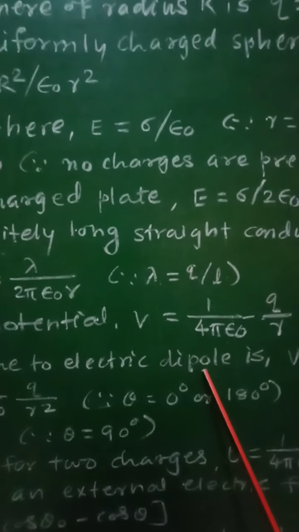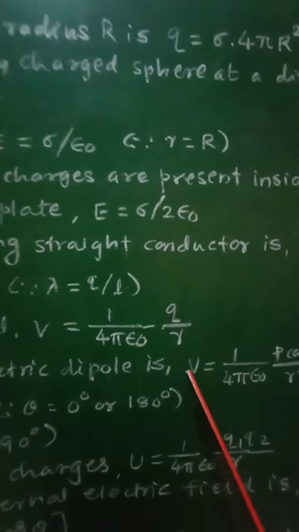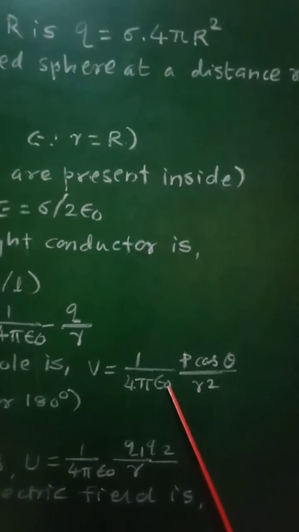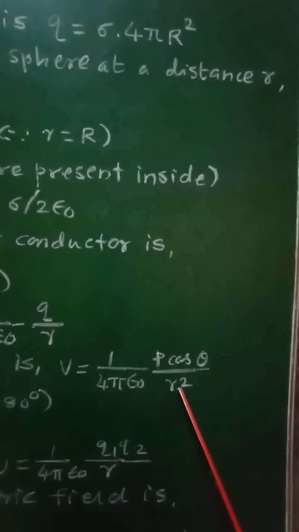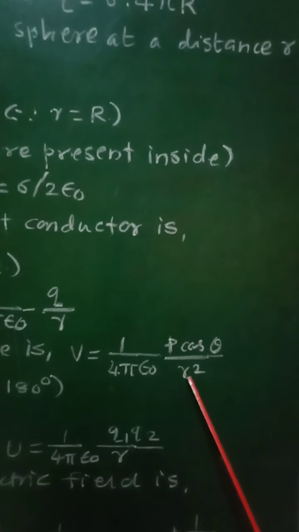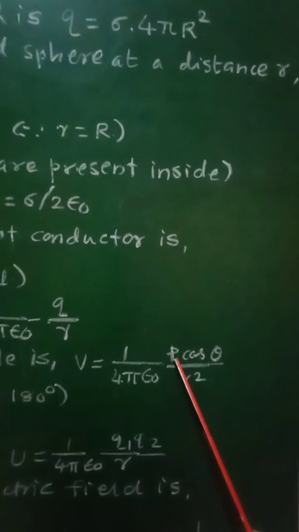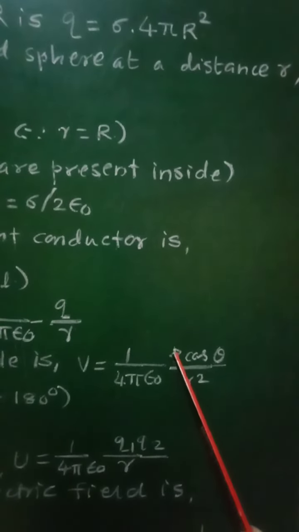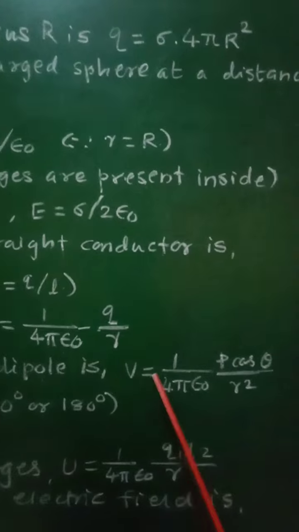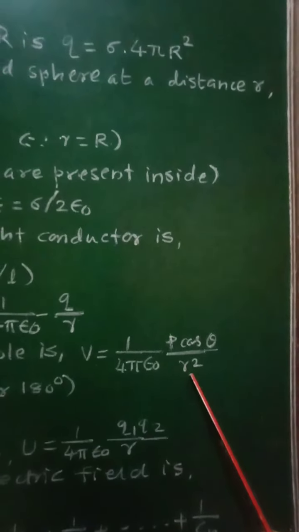If a pair of electric charges is present there, that is electric dipole, then the electric potential at a distance r will be equal to 1 upon 4 pi epsilon 0 p cos theta upon r square, where p represents the electric dipole moment, that is the product of q and 2l, that is p will be equal to q into 2l, and therefore potential will be 1 upon 4 pi epsilon 0 p cos theta upon r square.